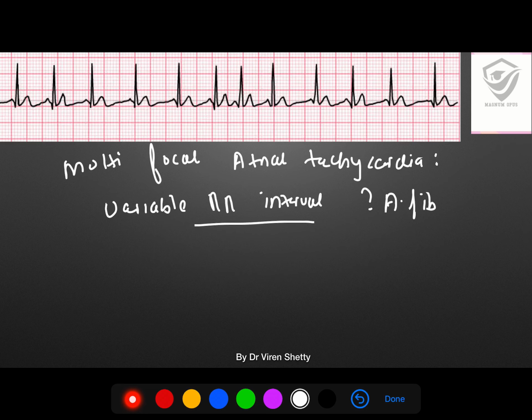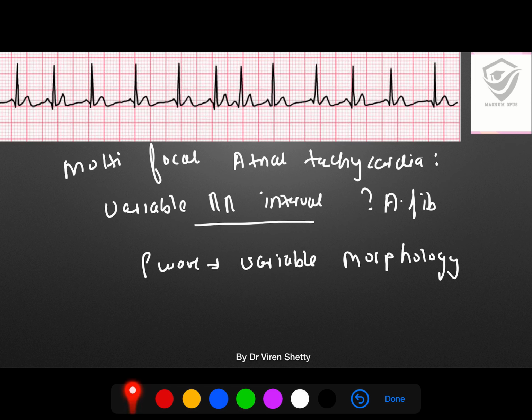In multifocal atrial tachycardia, you will have a P wave that is present, and this P wave has variable morphology. So what is the meaning of variable morphology? First understand it is a variable RR interval. Okay, you have 2, you have 2.5, so that is confirmed.